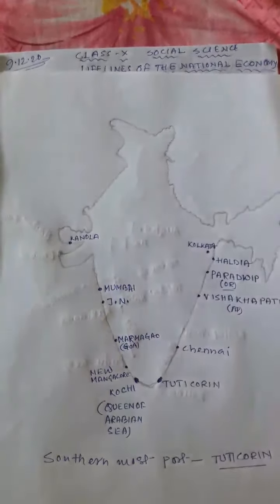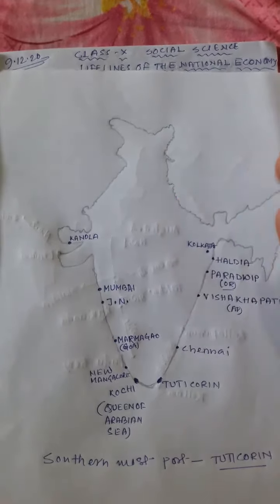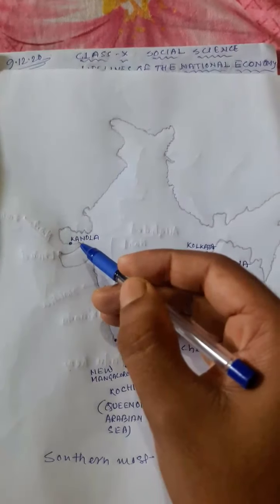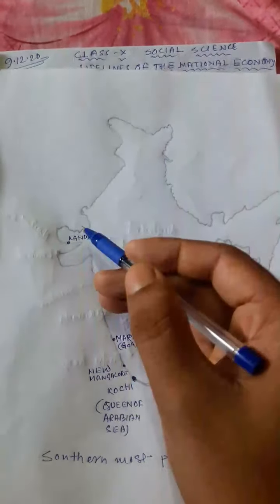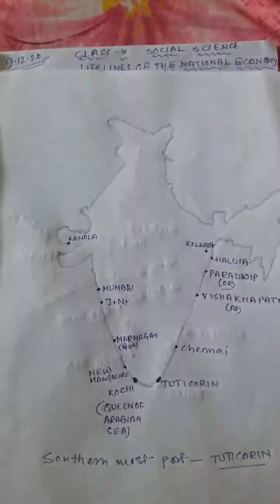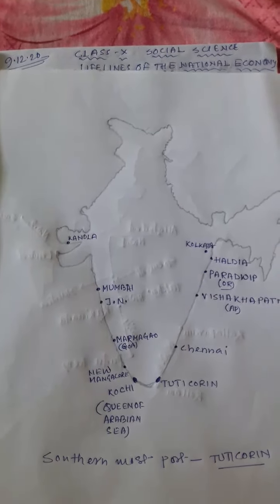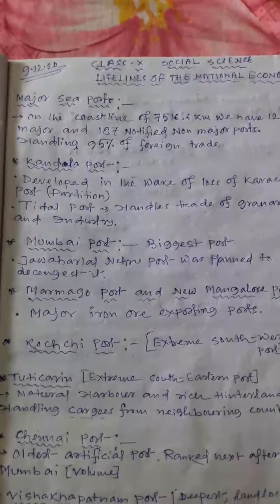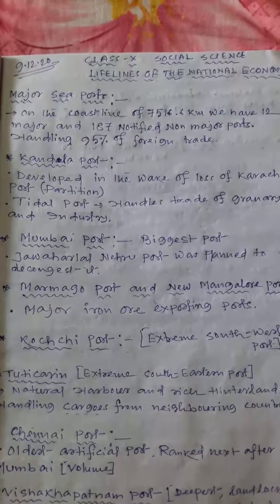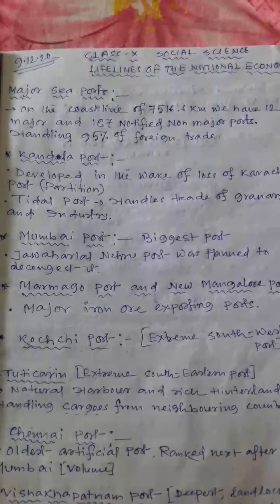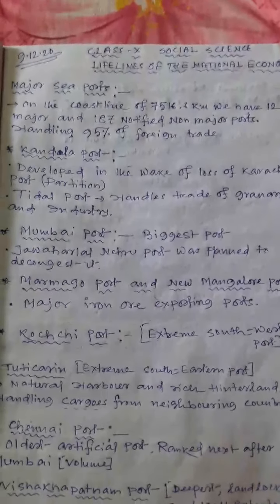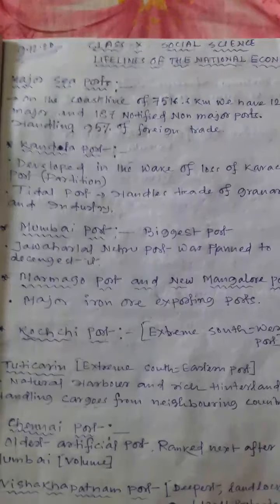So obviously there will be major industries to supply industrial products from these. This Kandla port is nearby, so obviously they use this one to ship products from one country to another country. So this is number one. This is Kandla Port, and first of all, it's very important to know why this was established. It was developed in the wake of loss of Karachi Port, which was lost due to partition.